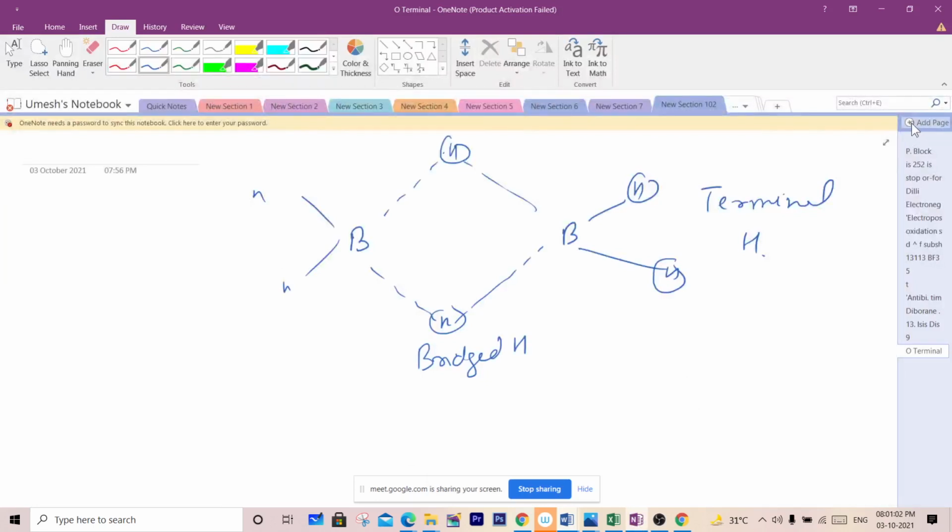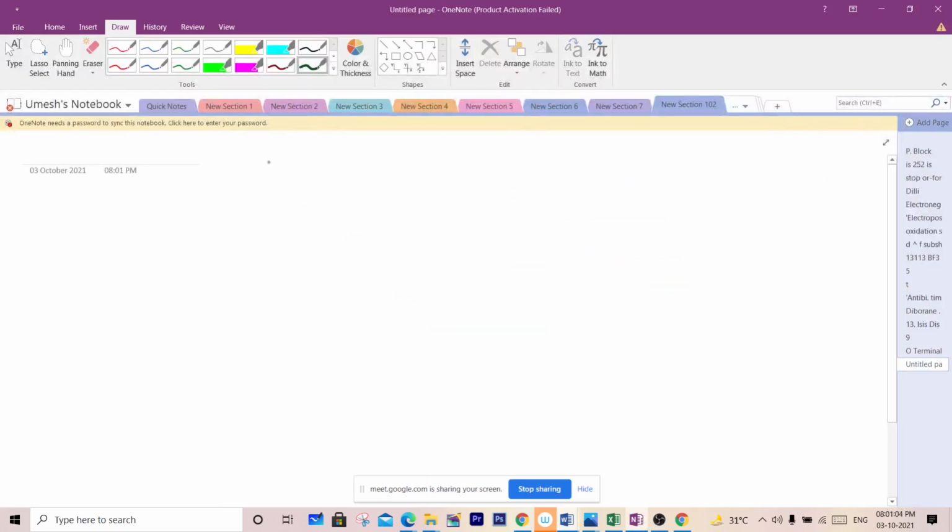I'm coming to this boric acid. H3BO3 is called boric acid. If you see its structure, it is like this.